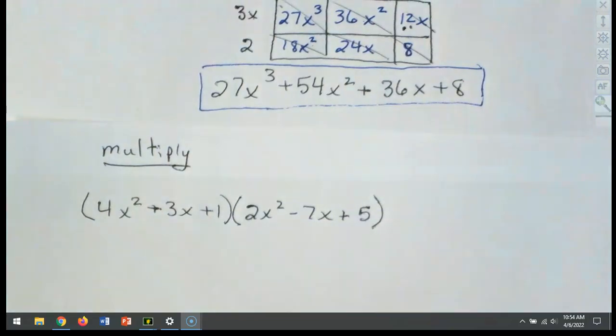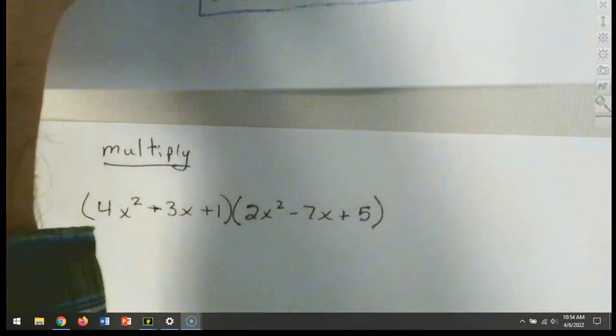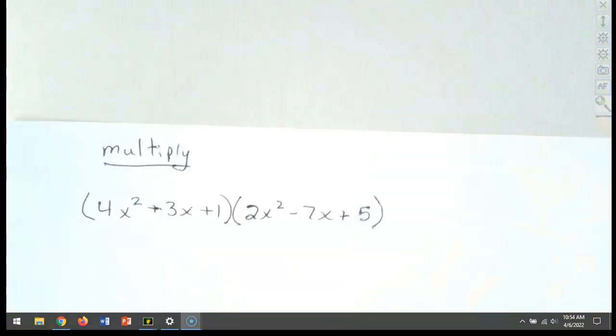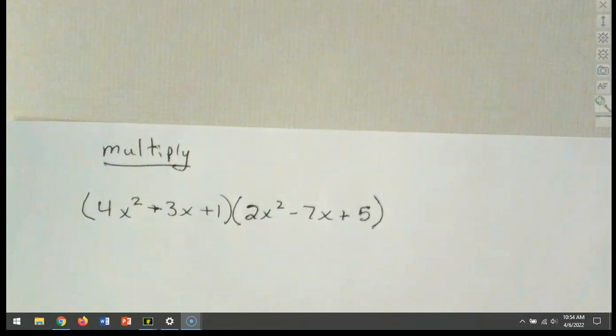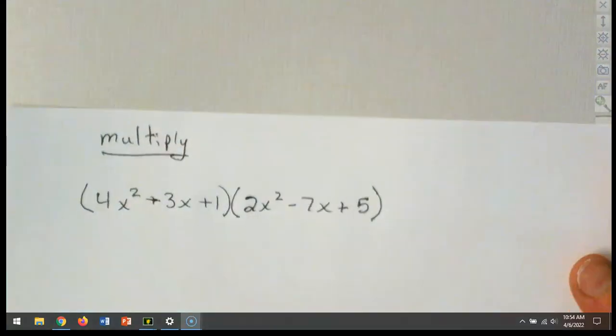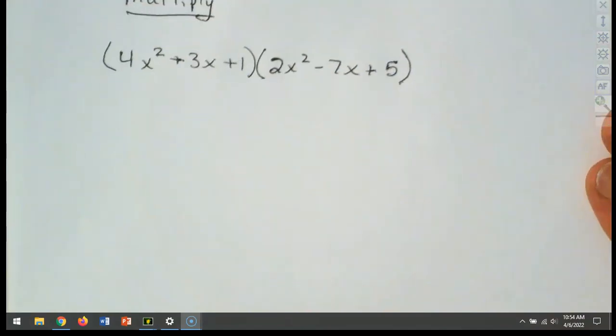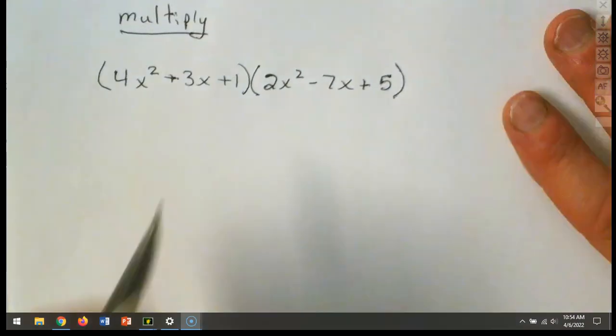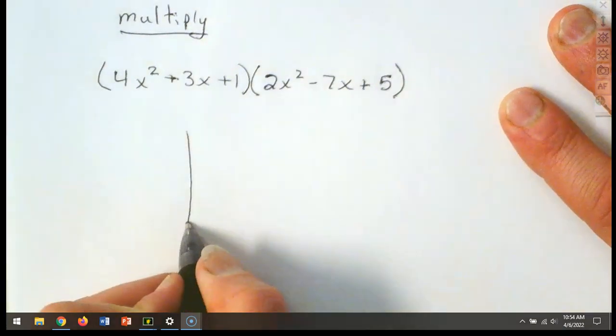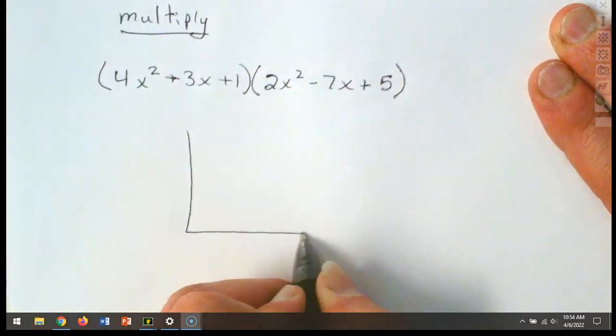Now again, as we can see, this one is clearly way too large to FOIL. So we're going to approach it the same way that we did the last one. We're going to make a box. Now this one's going to be a 3 by 3 because they're the same size. It doesn't matter which one goes across the top. It doesn't matter which one goes down the side. This is just a way of keeping track and organizing.